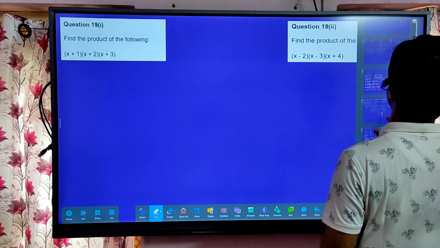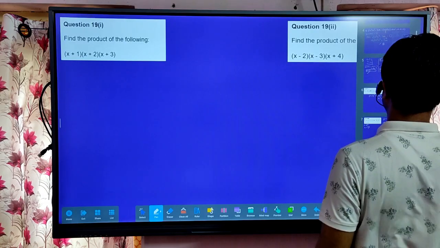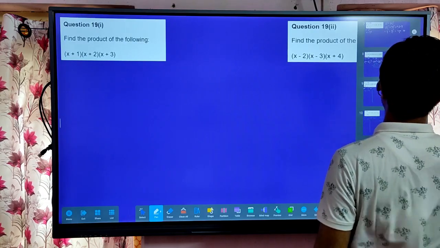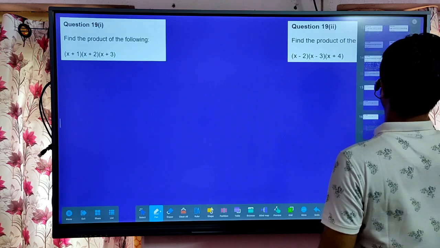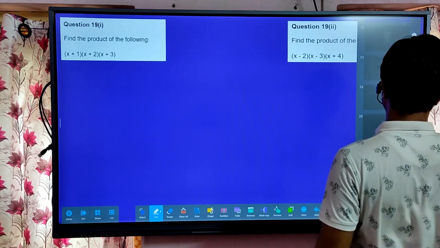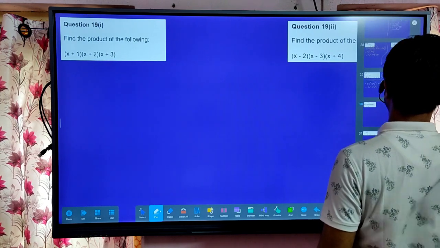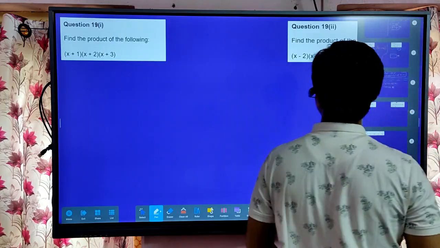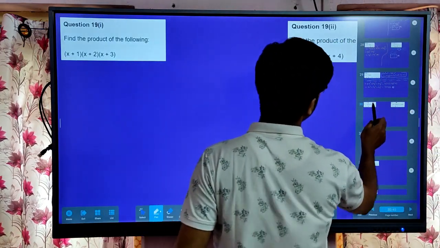No, I think I have not discussed this. I will discuss very soon, don't worry. Multiplication of 3 terms, very important when they are single. Chalo, multiplication of 3 terms.